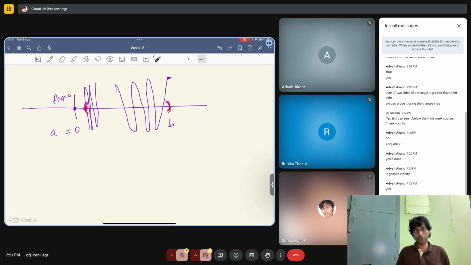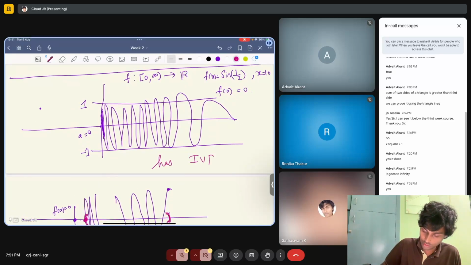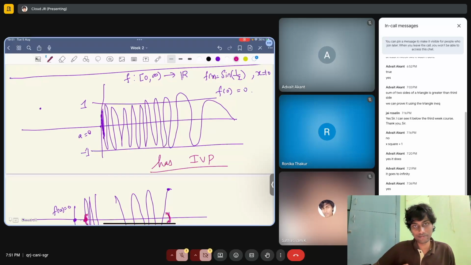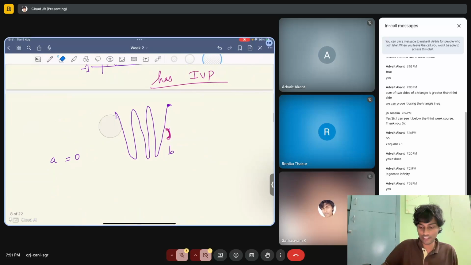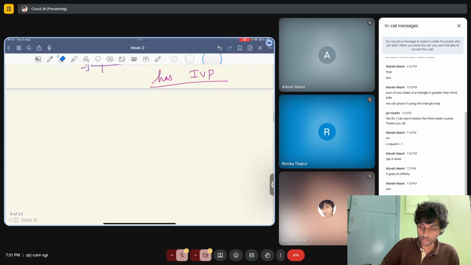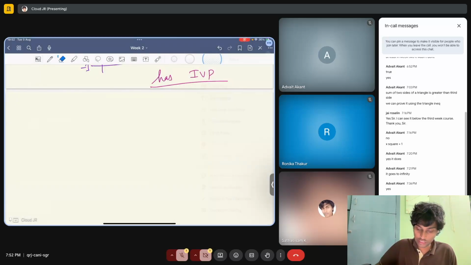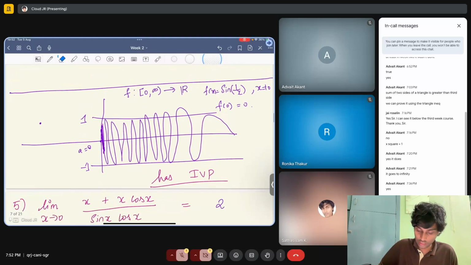So this function has the intermediate value property. Okay, but it is not a continuous function. So that was the interesting point about it. I'm not proving this. One can prove it if you want. Maybe if you're interested, I can just give you a hint.